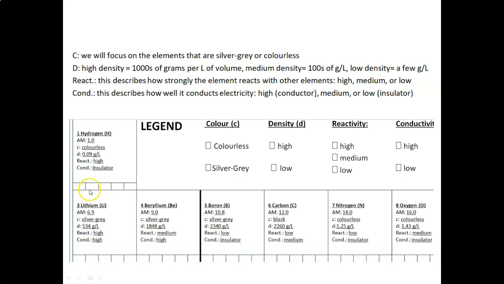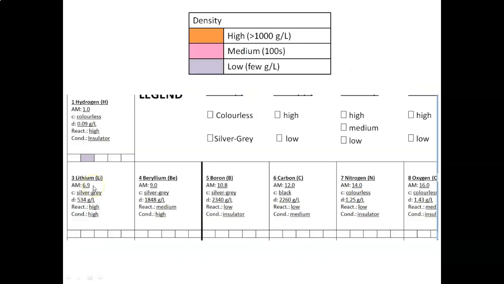So for this first one, let's look at hydrogen. For our color, because it's colorless, I'm going to leave the square for color blank. For density, I picked these 3 colors to represent my different densities, and since it has a low density, I'll give it the color for low density.